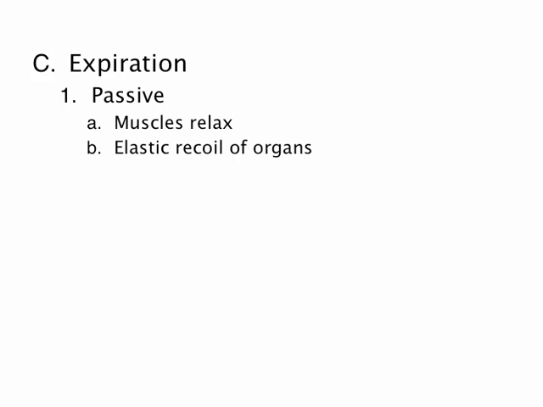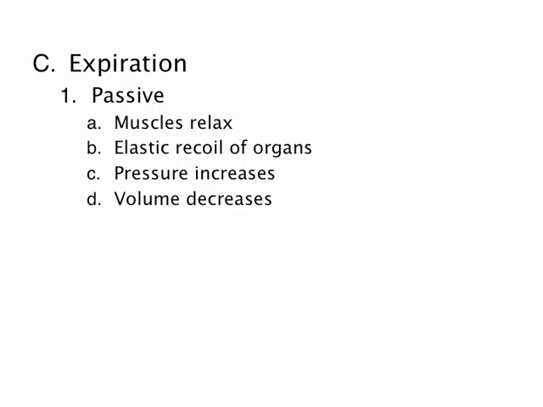So literally, just by relaxing the muscle and having the elastic recoil, say of the abdominal muscles that you had squished when you contracted the diaphragm, both of those will push up on the lungs and the pressure will increase. As a result, the volume inside the lungs decreases and you exhale.